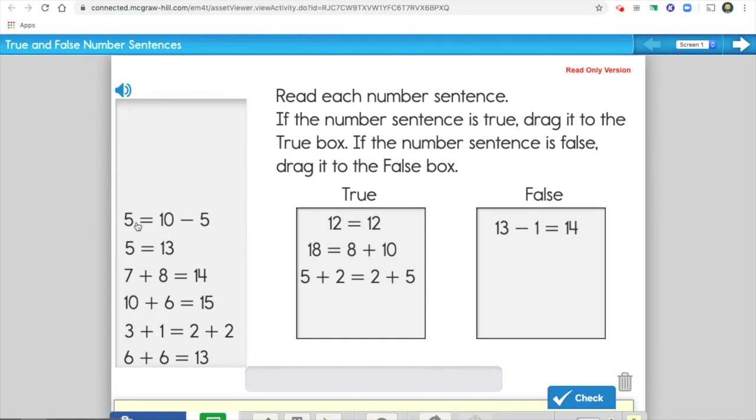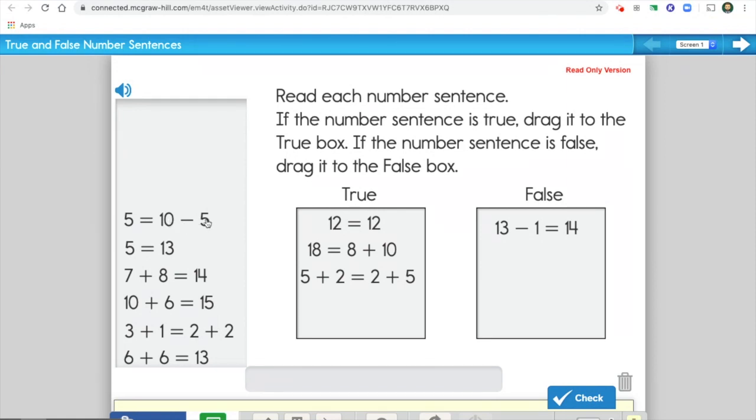Next, let's look at this equation. 5 equals 10 minus 5. Ooh, we're subtracting again. So the difference of 10 minus 5 is 5. Is that true? Well, let's look. 5 on the left side, everything on the right side, 10 minus 5.